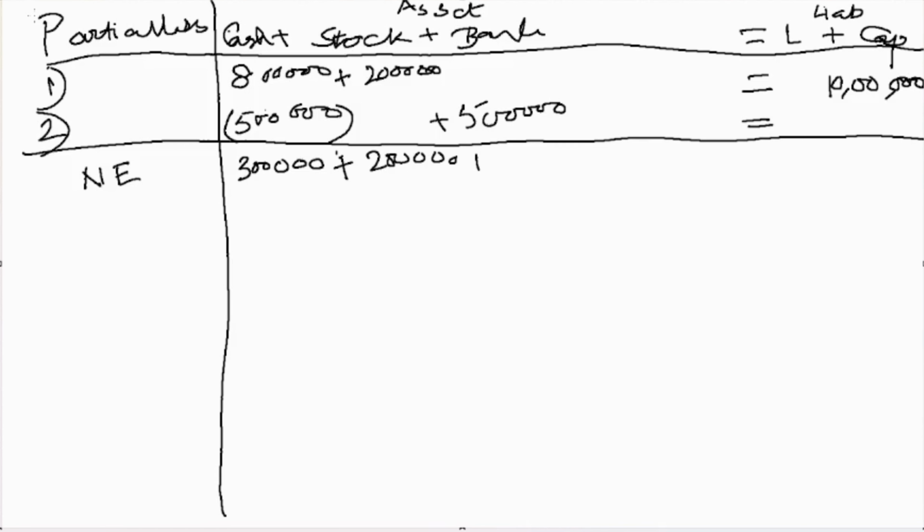After that, we are having 5 lakhs in the bank. The new equation we are having over here is 0 plus 10 lakhs. Right, so this is the new equation that we get after the first two equations.